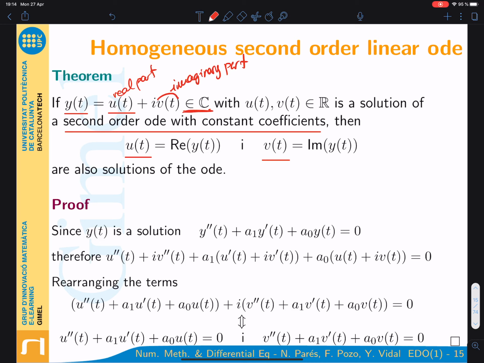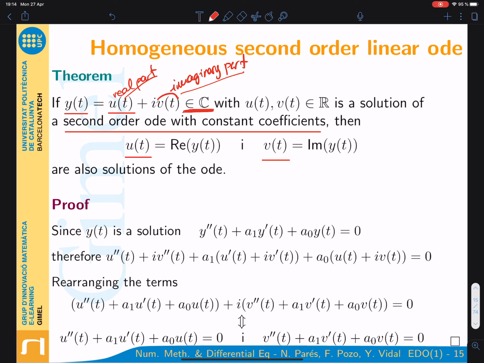Okay, so what I said is that if I have a complex solution of my ODE, I can use the real part as one particular solution and the imaginary part as another particular solution of my ODE, because both are solutions of the ODE. This is very easy to prove.